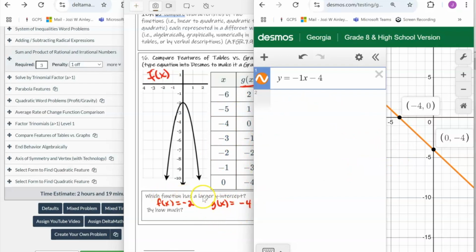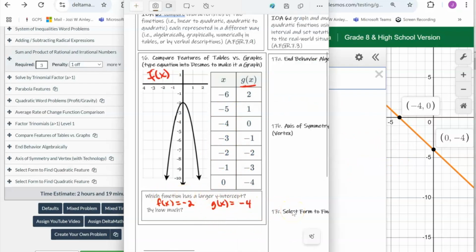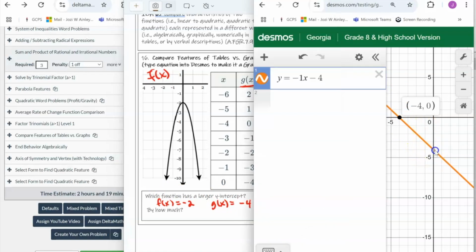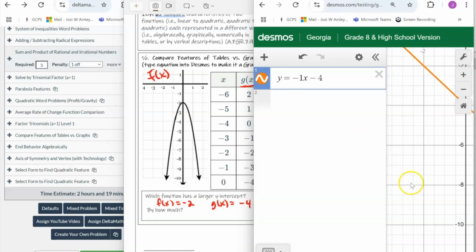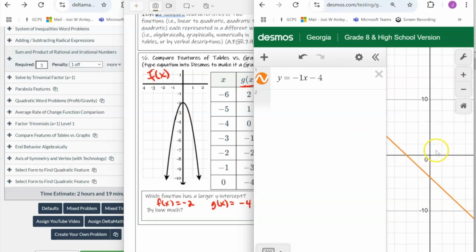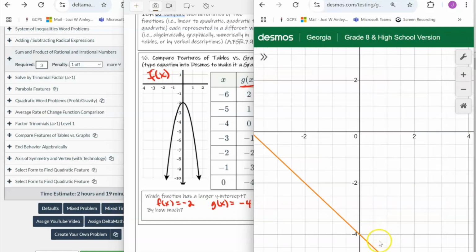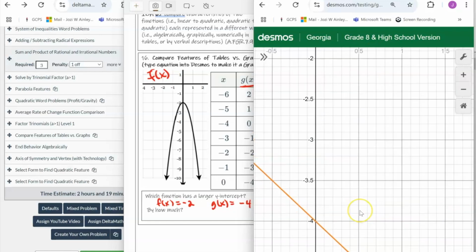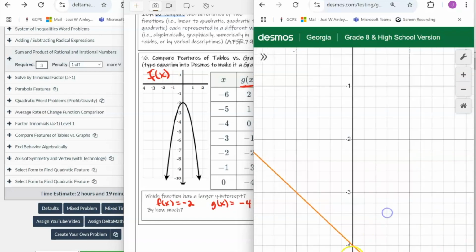All right, so which function has the larger y-intercept? Which one is bigger? Let's look at the y-axis. Bigger is higher up, right? I'm just going to zoom in till I can see this going up by 1. I'm going to hide this real quick. So this one is -4 and this one is -2.